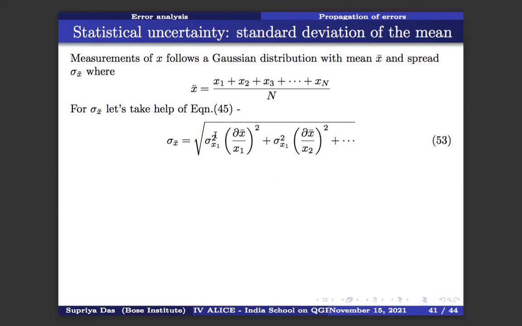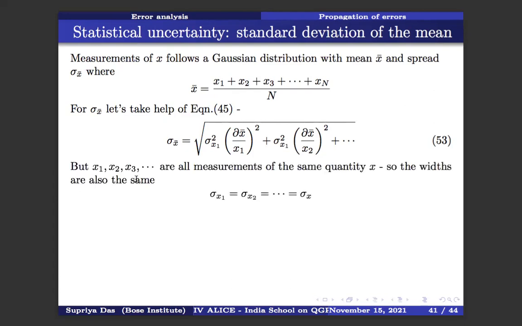So sigma squared of x bar would be sigma squared of x1 times del x bar over del x1 whole squared, plus sigma squared of x2 times del x bar over del x2 whole squared, plus there will be many terms like this up to n.